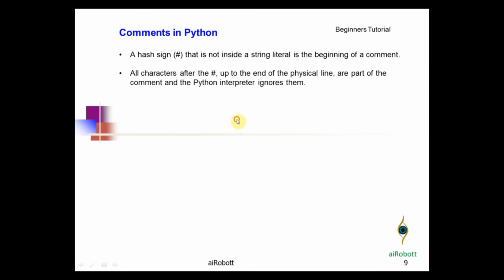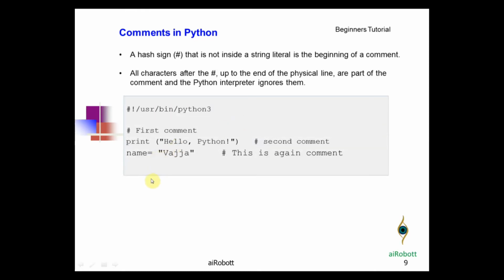Python reads it as a comment. Let's take one example here. Here the hash sign is used at the beginning, and the remaining sentence is called the comment. The interpreter takes it as a comment. You can use a comment at the end also. So this is also a comment. Similarly, this is also a comment.